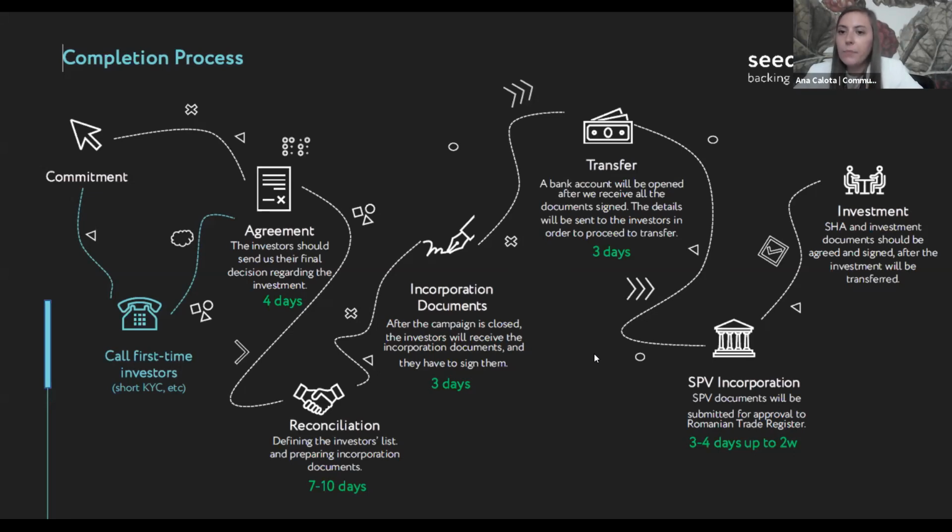In Romania, it's called SRL. If we have above 50 investors, then it would be a joint stock company, an SA in Romania. So it depends on the type of the SPV, but yes, we have a template for both types.